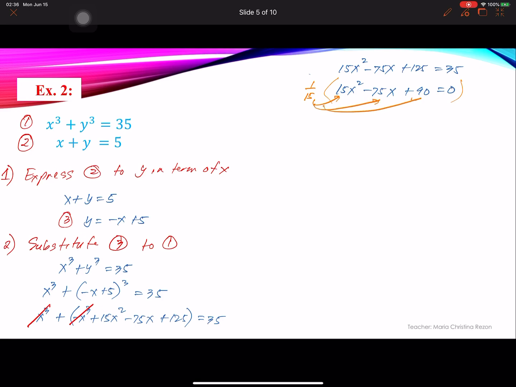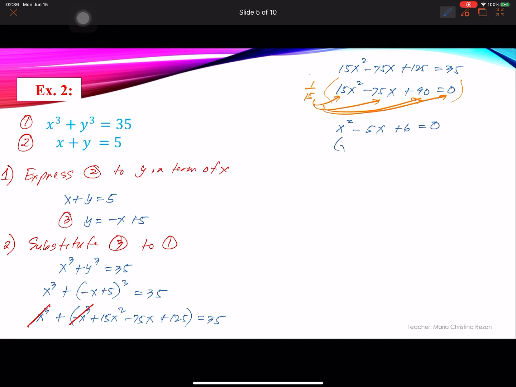So what is left here is x squared minus 5x plus 6 is equal to 0. And this time you can factor this.